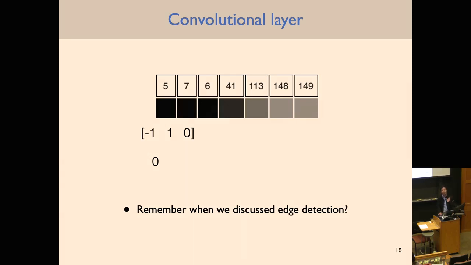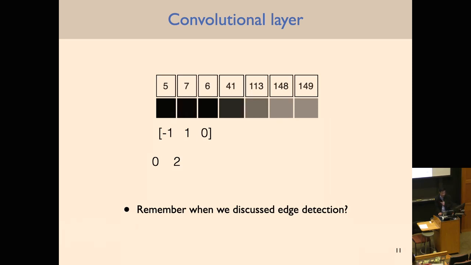So I convolve this kernel with my one-dimensional image. If I take the dot product in the very first location, I get -1 times 0, because I pad the image on both sides with zeros, so it's -1 times 0, 1 times 5, and 0 times 7.